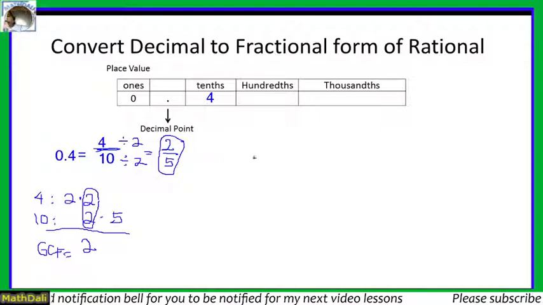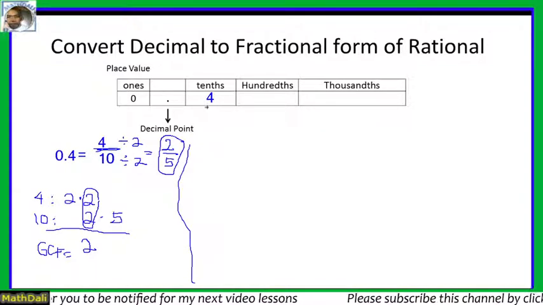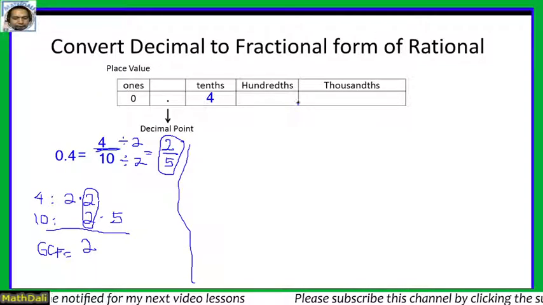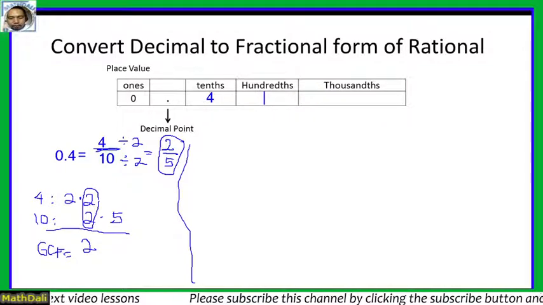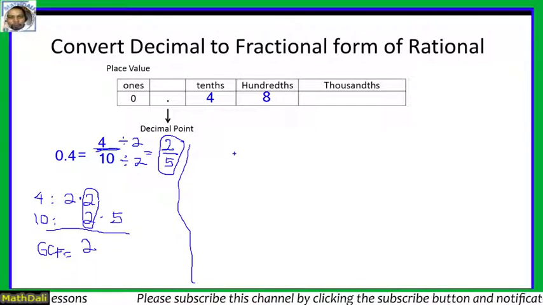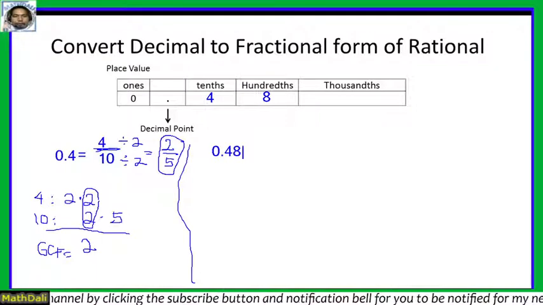Okay, so, how about this one? Paano kung meron tayong 48 hundredths? Dagdag ko lang dito. Yan. Paano kung meron tayong 48 hundredths? So, lagay natin dito yung decimal. 0.48. Yan.